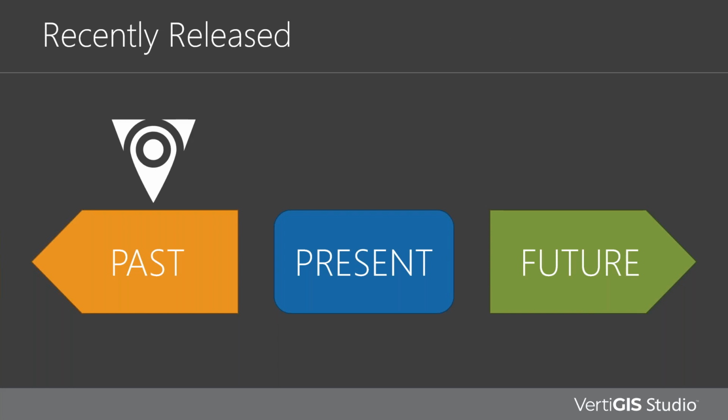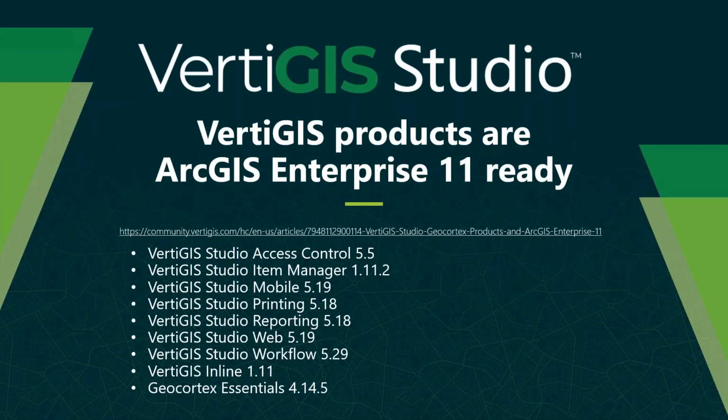These are things that are already available today. The first thing I wanted to draw your attention to is, because I know there were even some questions in our last Road Ahead webinar around this, VertiGIS Studio products and VertiGIS products in general are ArcGIS Enterprise 11 ready.